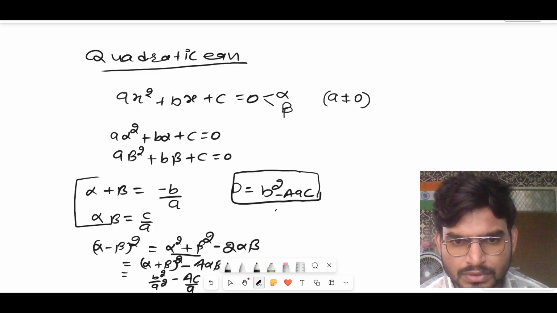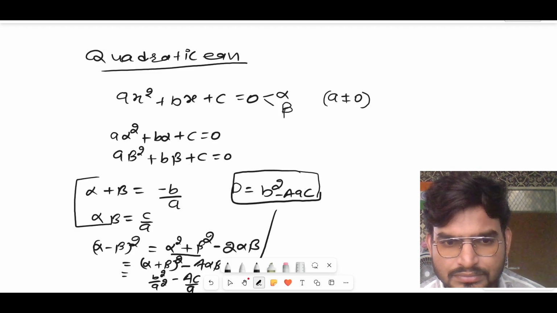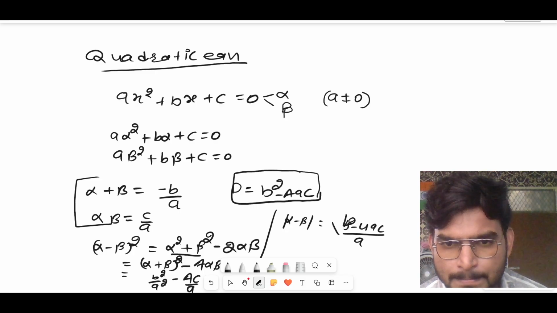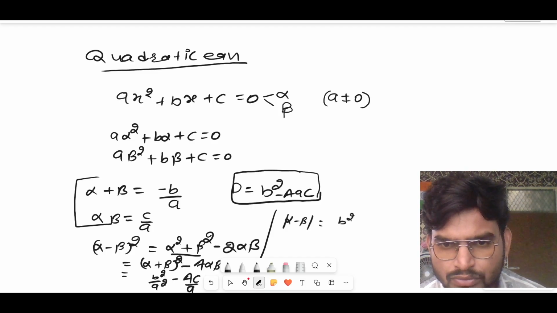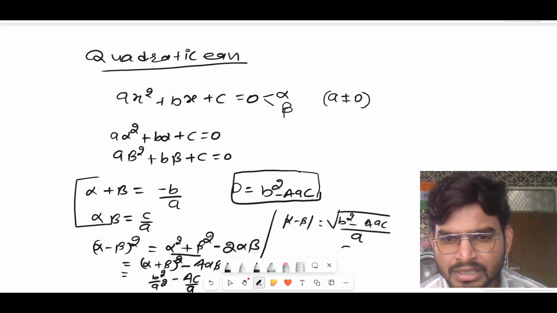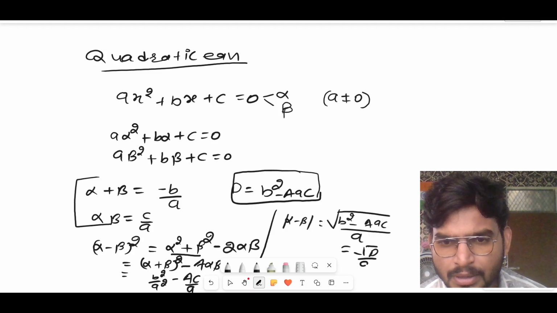So here we can write the modulus of alpha minus beta equals the square root of b square minus 4ac upon a, or we can write root D upon a.